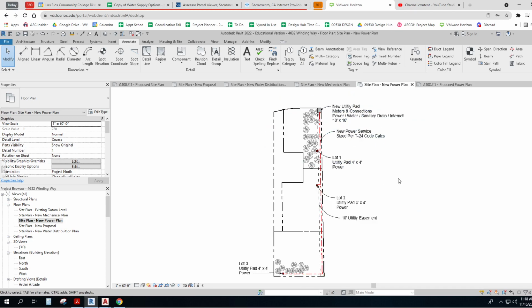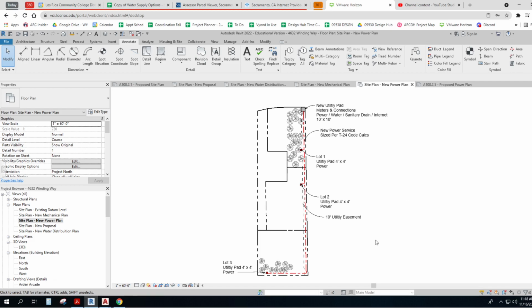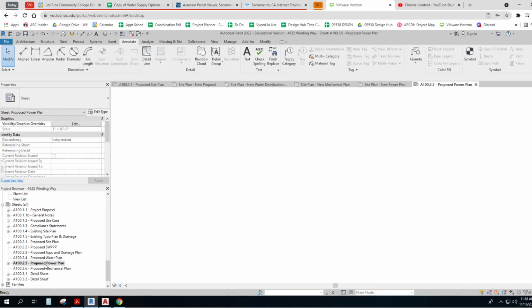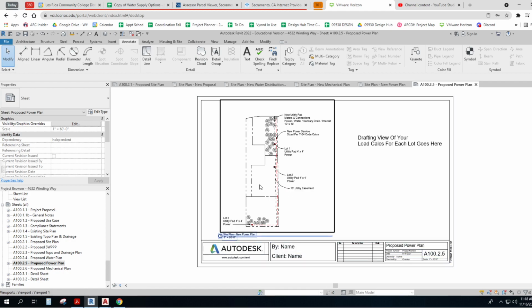This is an example of what your new power plan might look like. And then we're going to come over here and I'm going to put it on my sheet list. Proposed power plan. Here it is down here. And I added it. There we go. I've got it on there.